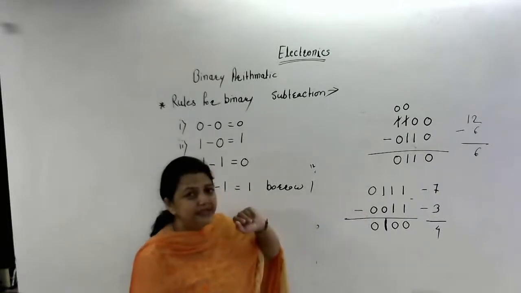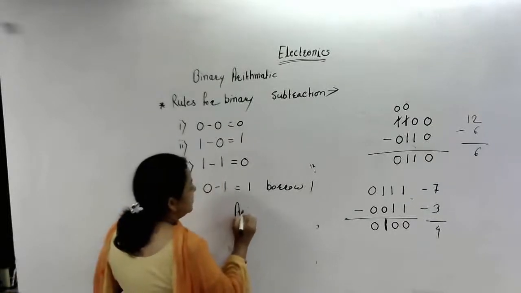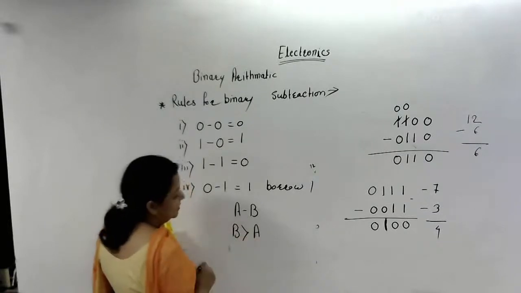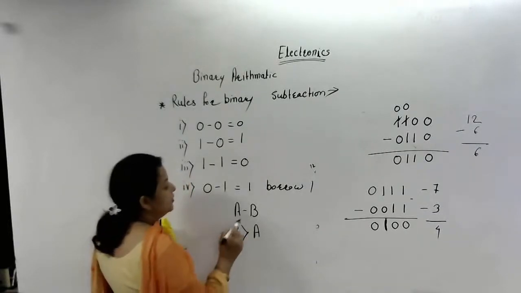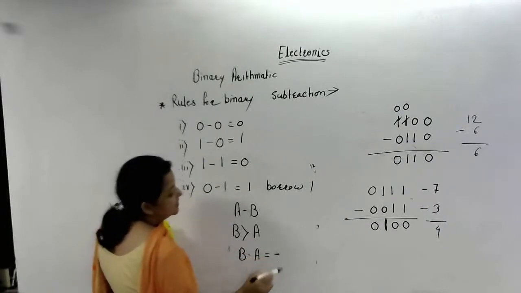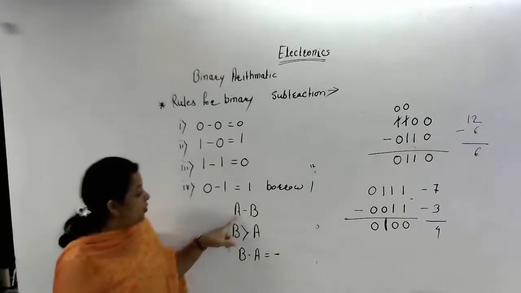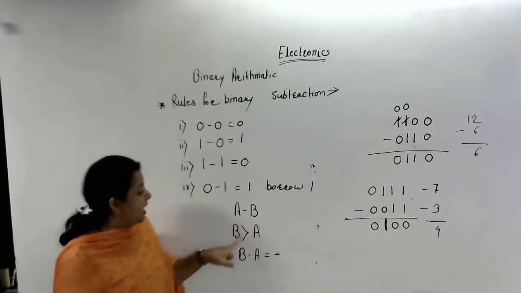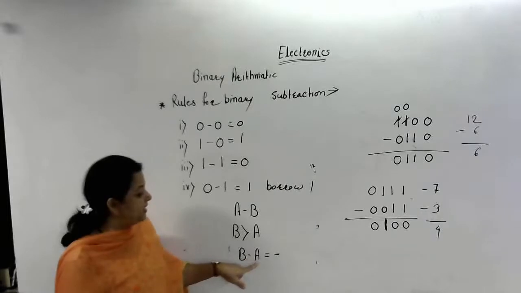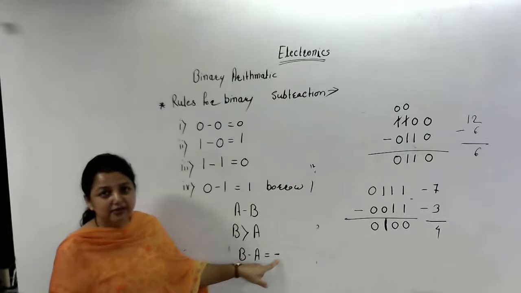In A minus B, listen carefully, if B is greater than A, then you have to subtract B minus A and give the answer a minus sign. Again, we want to perform A minus B, and if B is greater than A, then we perform B minus A with the answer given a minus sign.